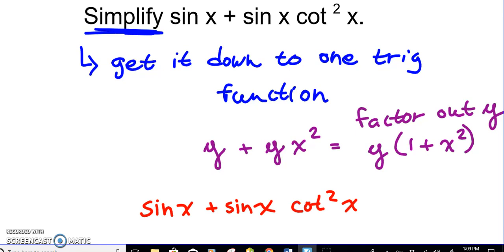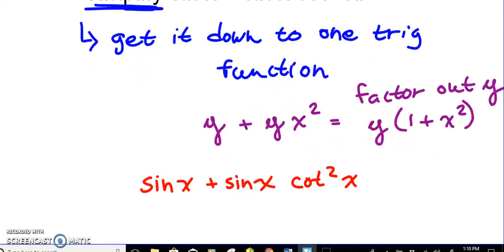Because with this, you have to know all your identities. When you see a cotangent squared x, that should make you think of one of your identities automatically. I know cotangent squared is a Pythagorean identity, so something should be able to be pulled out of here.